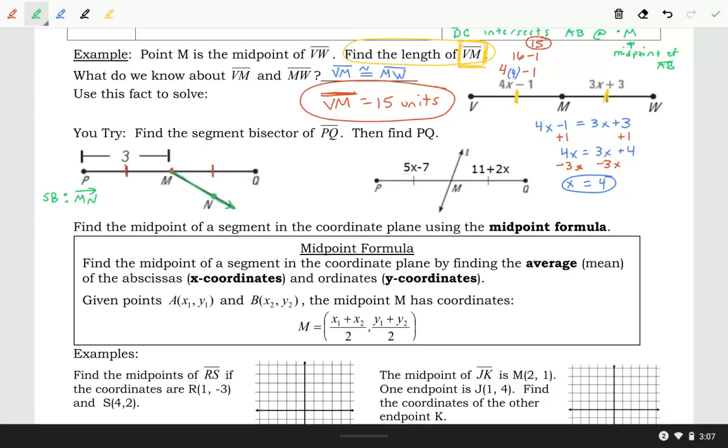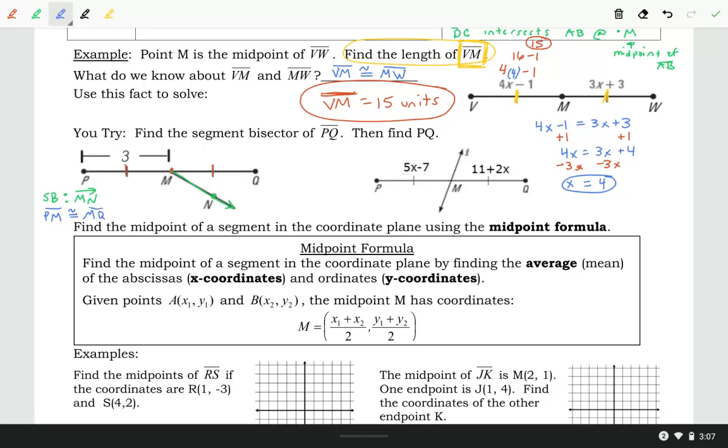Now, we don't have to set up an algebra problem here because PM is 3, which means we know that PM is congruent to MQ.